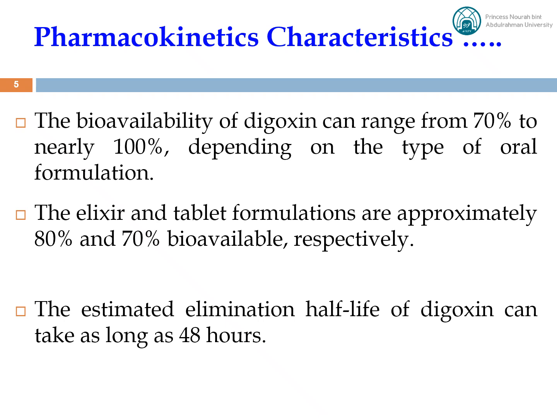So the steady state concentration is usually achieved after 5 half-lives of elimination. In the case of digoxin, because the half-life of elimination is relatively long, around 48 hours, the steady state achievement after 5 half-lives will take around 10 days. Okay?